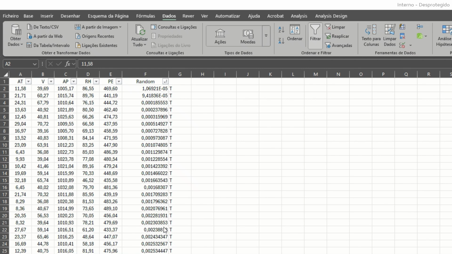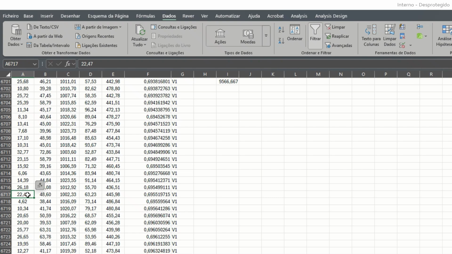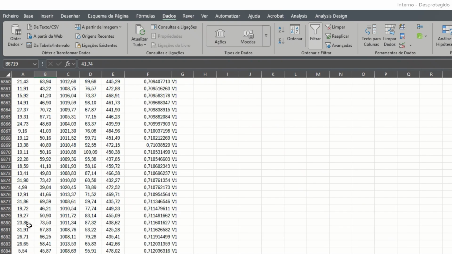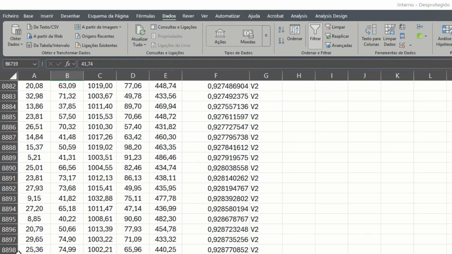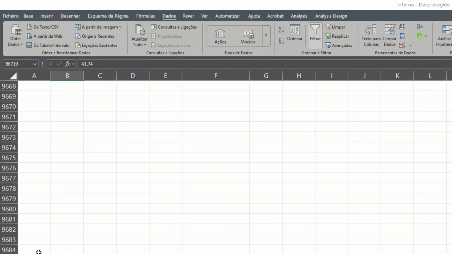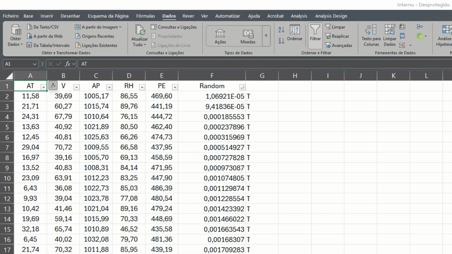The dataset contains 9,568 observations of ambient temperature, exhaust vacuum, pressure, and relative humidity.